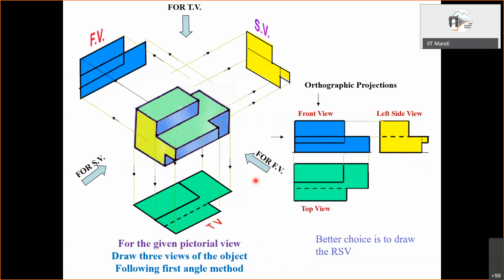Apart from that, the one giving us maximum possible features. Based on these two things, we can decide which one should be the front view. Also, whichever views give us maximum visible parts are a better choice to adopt.